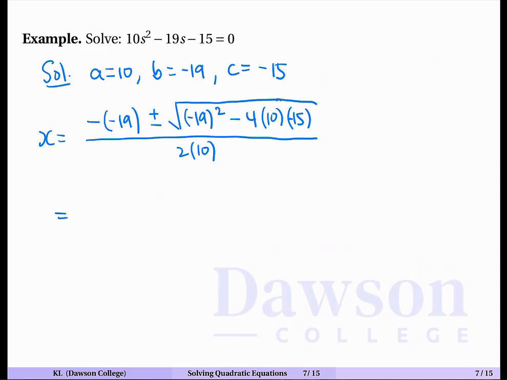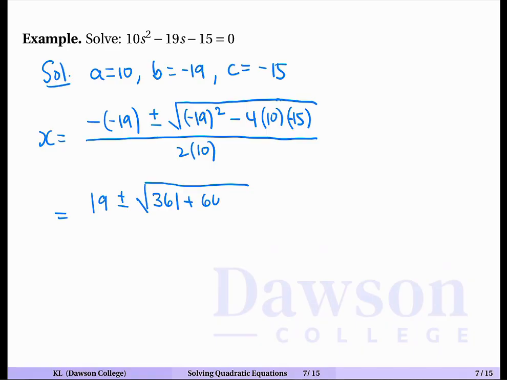So in here, we will have negative times negative 19, that's positive 19, plus or minus square root of 19 squared, that's equal to 361. Then here, we got minus 4 times 10 times negative 15, that will become plus. 4 times 15, that's 60, times 10, that's 600.